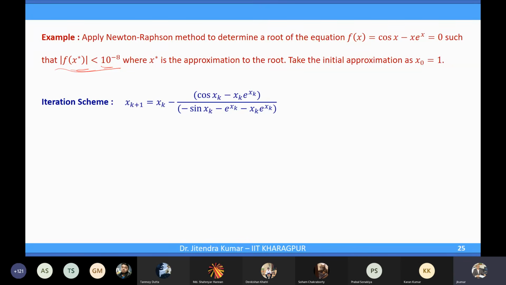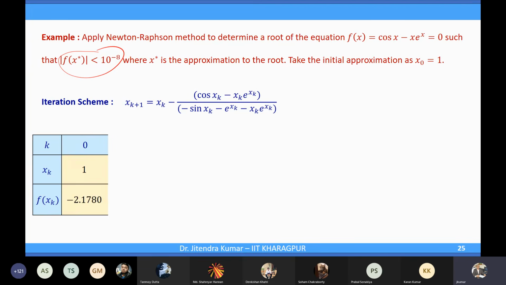You have this scheme, x_k minus f(x_k), then f prime x_k in the denominator, and then we need to apply. So k will be for iteration, then you have x_k, the value, and we need to compute f(x_k) to see how far we are from the actual root, because f(x_k) should be very close to 0.